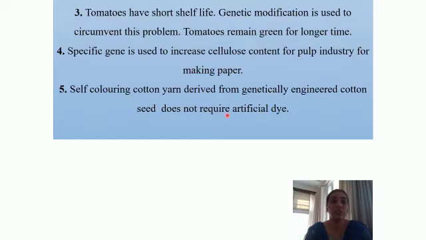Otherwise, the white cotton needed to be dyed, or various colors were added to it so as to make a colorful yarn. But now we get cotton balls of different colors, and so the artificial dye is not required. So these are three more additional examples of genetically modified crops.